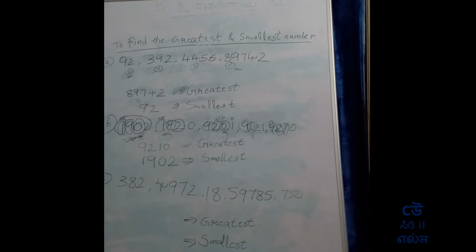Okay, if you can't, if you again have equal digits in all those place values, then go to the next place value, that is the tens place. In that tens place, you can again mark the numbers and see if you can get the greatest number. Okay, if you again can't get that, then compare the numbers and find out the greatest and smallest numbers.